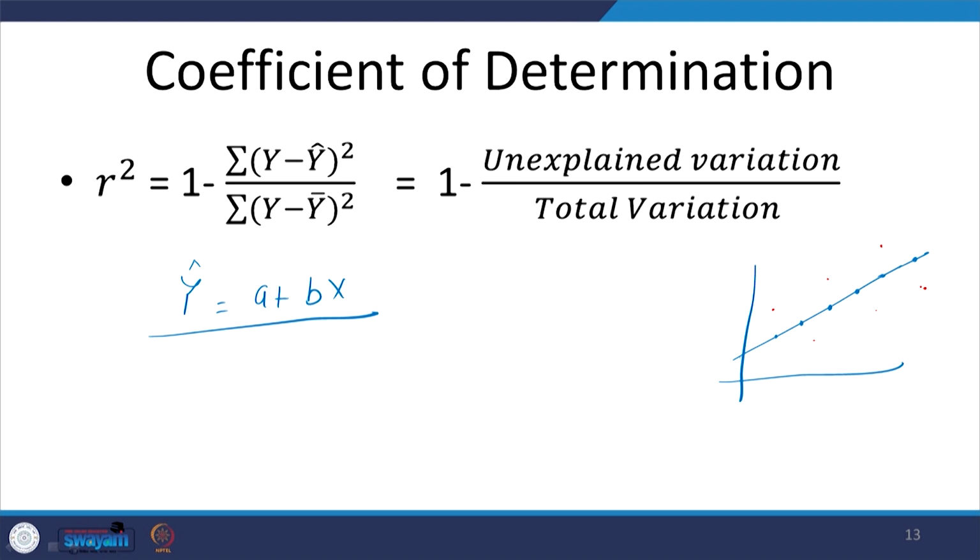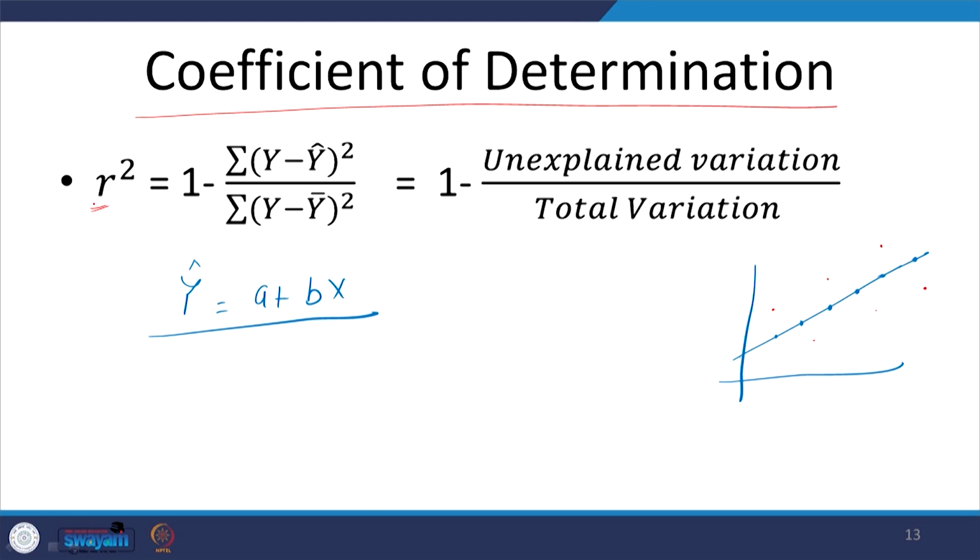So, your regression equation is not able to explain why the actual points are not coinciding with it, because it is not able to explain all the variations of your dependent variable. It can explain to some extent the variation of your dependent variable, but it cannot explain 100% variation. So, for that purpose we use this measure which is known as coefficient of determination, known as R square in very generic language.